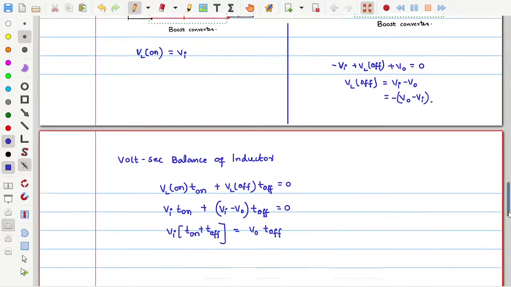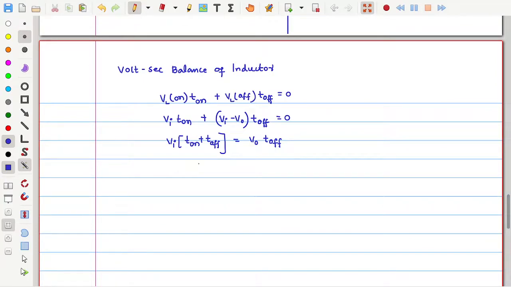Now let us simplify further, and we will get something interesting. So V naught is equal to Vi into the time period capital T divided by T off, because T on plus T off can be written as T.